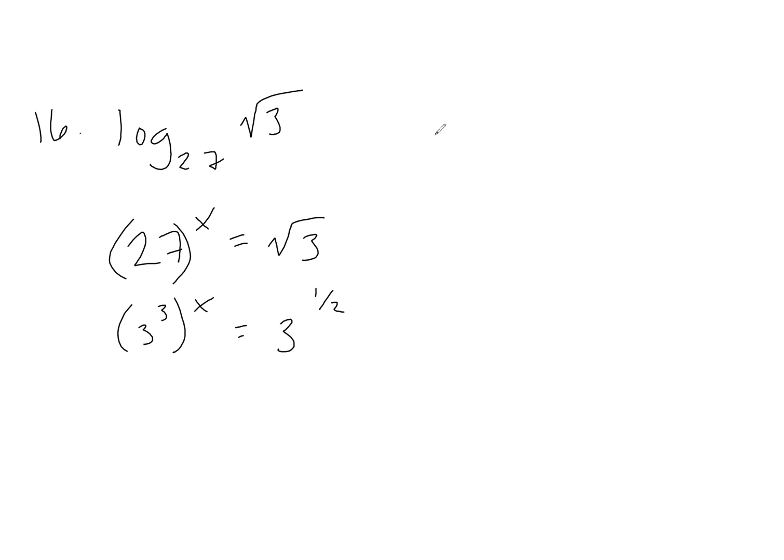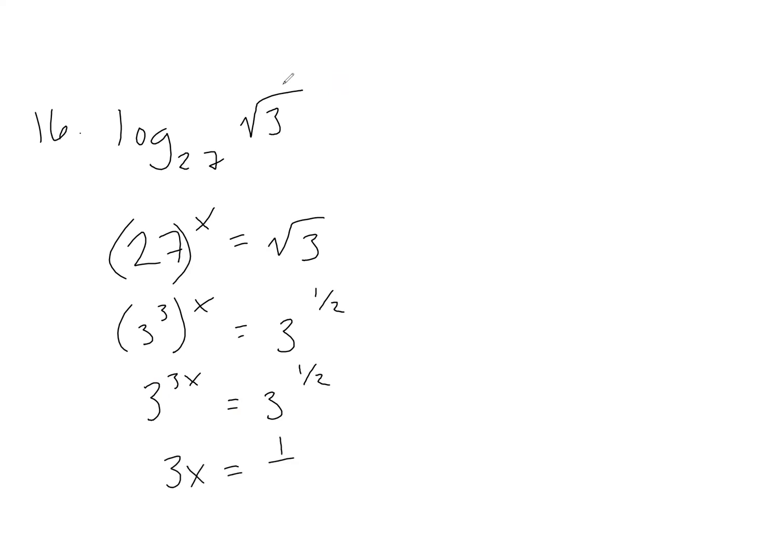Now we're going to use our power to a power rule. So 3 to the 3rd to the x is really 3 to the 3x, because you multiply those exponents together, equals 3 to the 1/2. Once you get the bases that are the same, so this 3, my base, and this 3, my base, are the same, then you can set the exponents equal to each other.